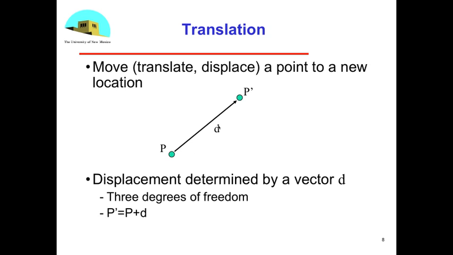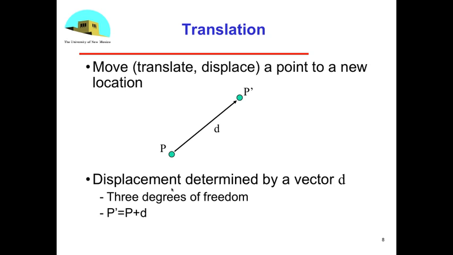First, it has three degrees of freedom, because it takes three constants or parameters to give you a unique d. And then I can say, why don't you just use point-vector addition in three dimensions, so that all of the new points are given by the old points plus this displacement vector, and we know a point plus a vector yields another point.